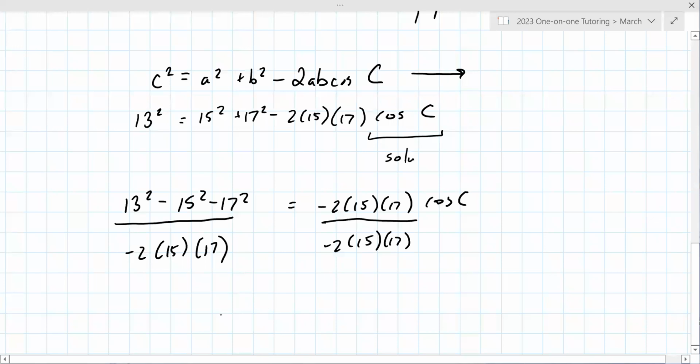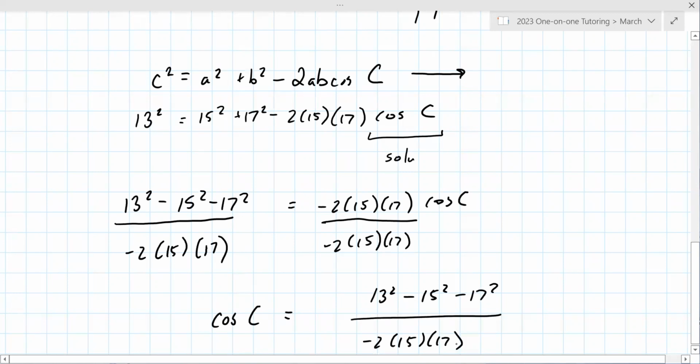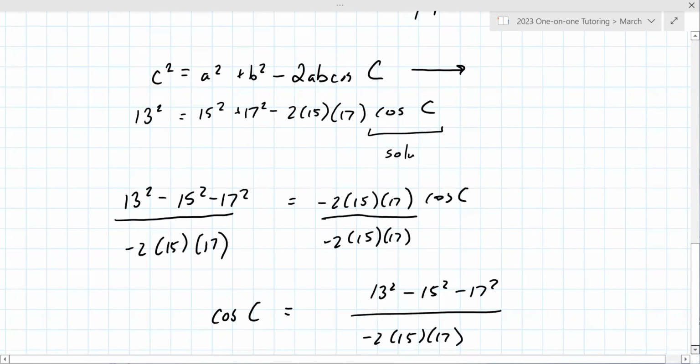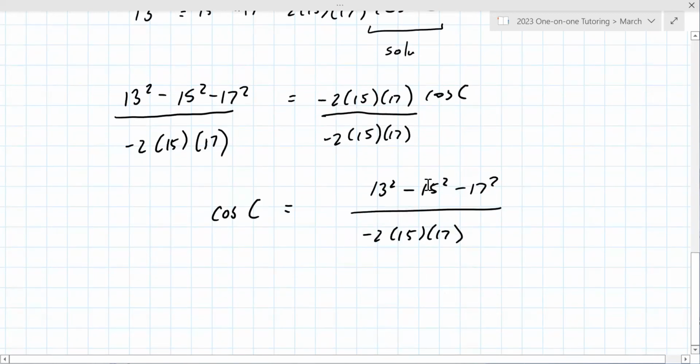Just rewriting this, cosine C equals 13 squared minus 15 squared minus 17 squared over negative 2 times 15 times 17. If you were using your TI-83 or 84, you would have to add parentheses to your numerator and denominator. But in Desmos, you don't have to. You can just enter it like this. But we want C, so there's one additional step.